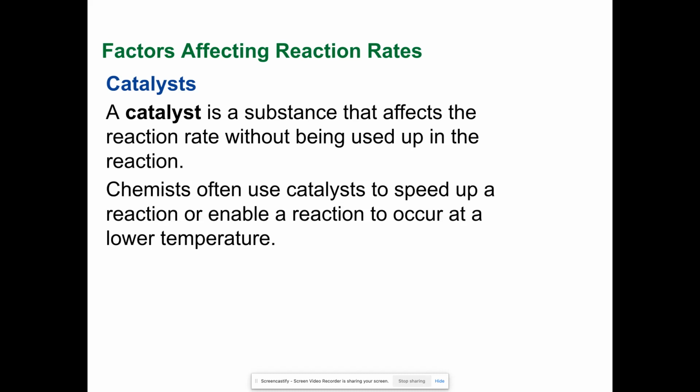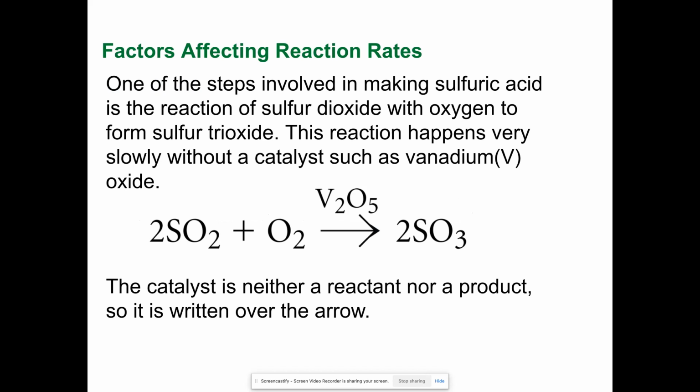So yesterday we used the example of a propane tank and a propane grill, and you just take a spark that starts the reaction. A catalyst is the spark, but it's a chemical. It's something that starts the reaction. So one of the steps involving the making of sulfuric acid is the reaction of sulfur dioxide with oxygen to form sulfur trioxide.